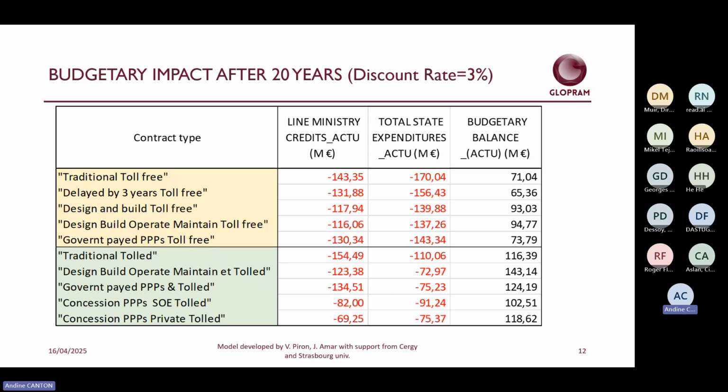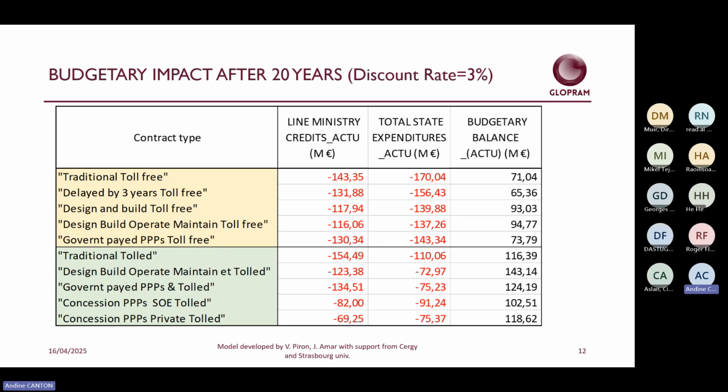For instance, the Fiscal Department never discounts the values. In France, the French Treasury discounts the value. So I've taken the most sensible hypothesis, which is that money coming in 2040 is not the same as money coming into the budget in 2025.